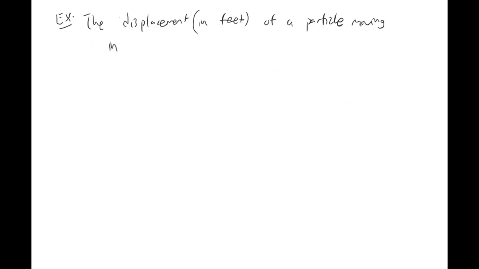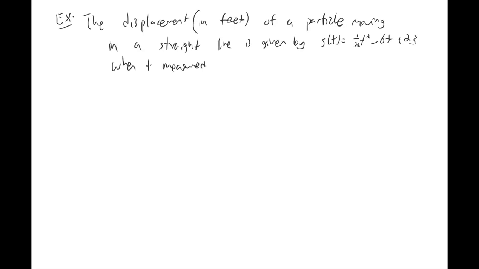So moving in a straight line is given by s of t, which is 1/2 t squared minus 6t plus 23, when t is measured in seconds.